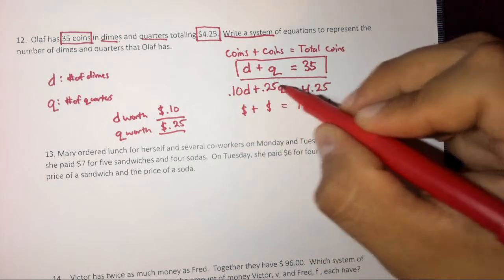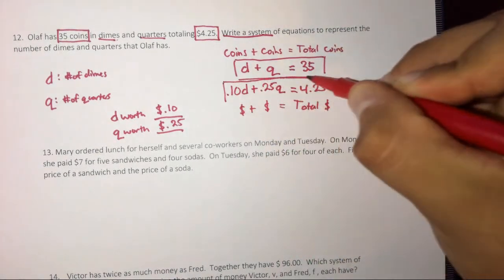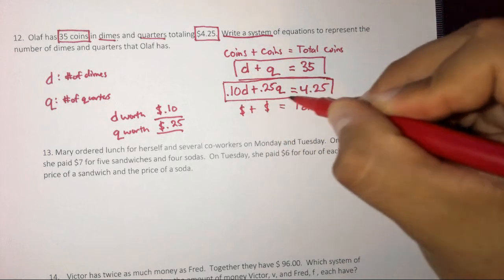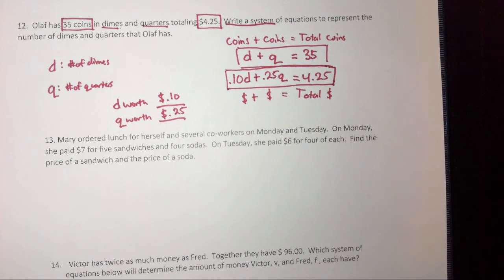Now I have money plus money equals my total money, and that is my second equation. So I'm able to set up my system: D plus Q equals 35, and 0.10D plus 0.25Q equals 4.25.